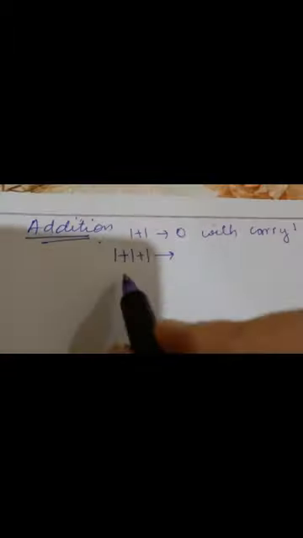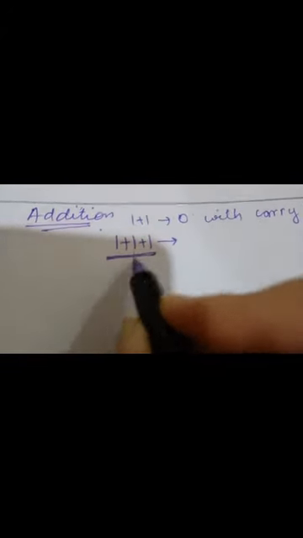We discussed the scenario of adding 2 times 1. When we add 2 times 1, the answer is 0 with carry 1. But when we need to add 3 times 1, our answer will be 1 with carry 1.